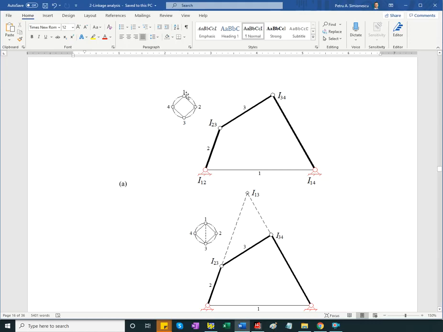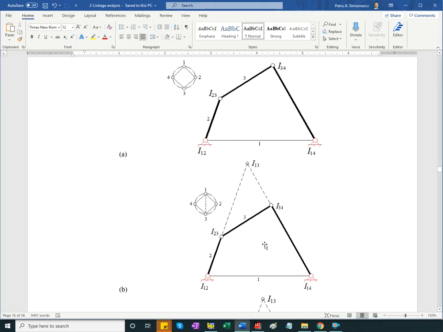Let's say we're looking for the instance center between 1 and 3, or 3 and 1. So we're after instance center 1, 3. We connect instance centers 1, 2 and 2, 3 and extend that line. And then we look at the other triangle that's sharing the missing side.